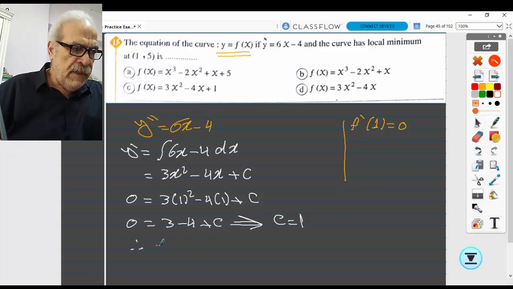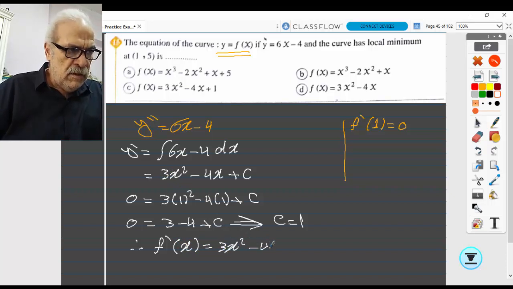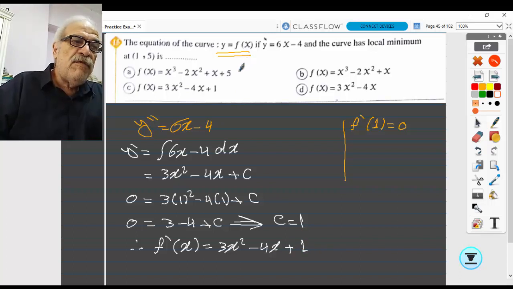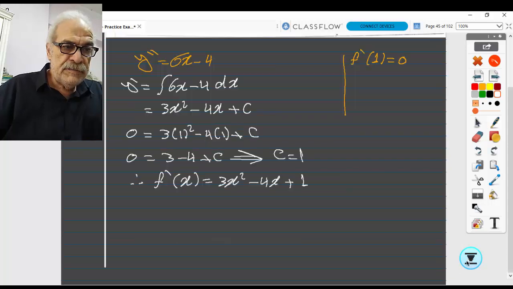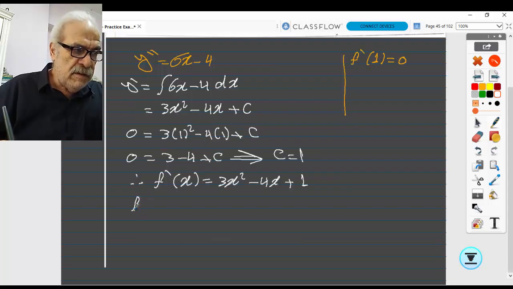So y dash, or you can say f dash of x, equals 3x squared minus 4x plus 1. Okay, but the requirement here is to find f of x. So we'll integrate once more. F of x equals the integration of f dash of x with respect to x.